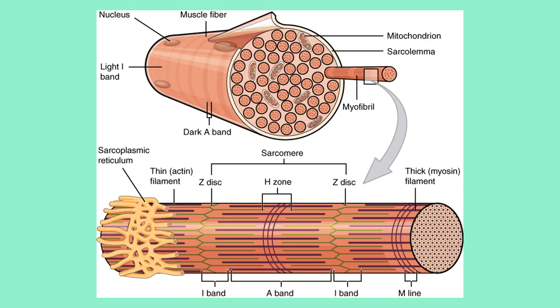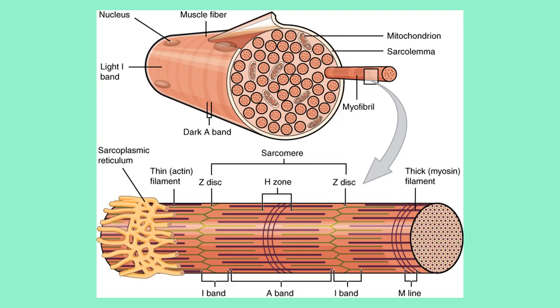You've got your mitochondria inside here, and you've got all these myofibrils, these myofilaments that are in there. Notice here on the surface, you're seeing those striations, that striping pattern that you see associated with skeletal muscle. You see it with cardiac as well. Well, this is going to explain why you have it.